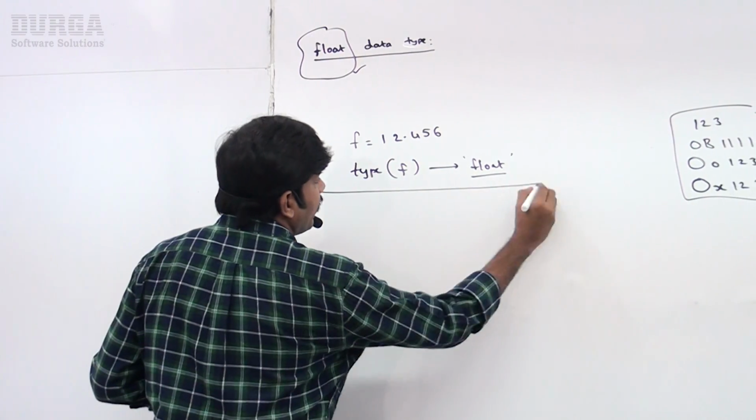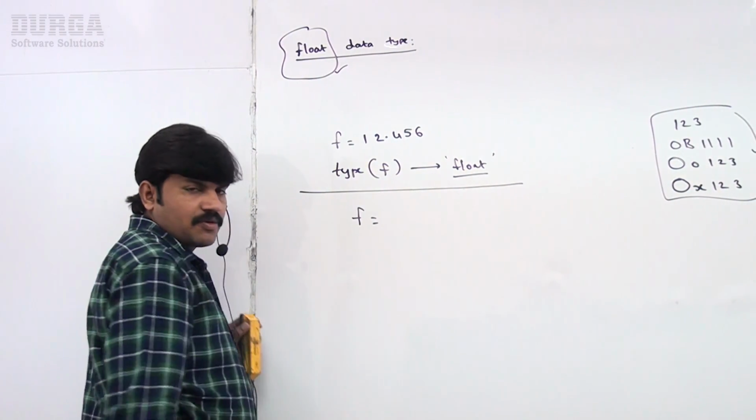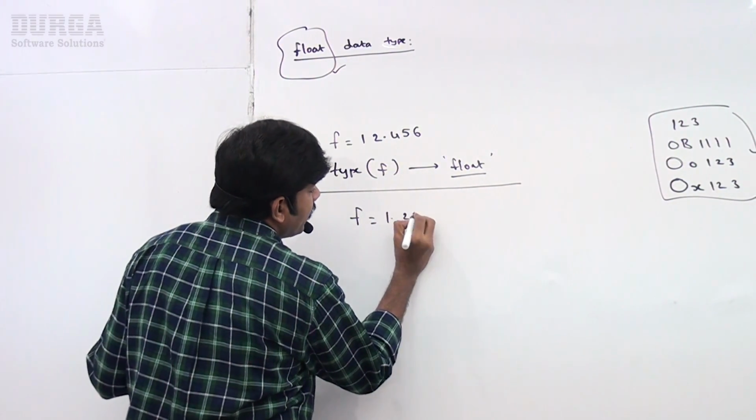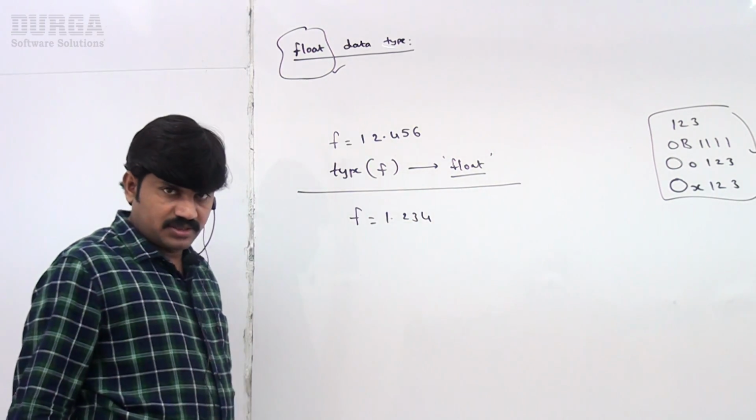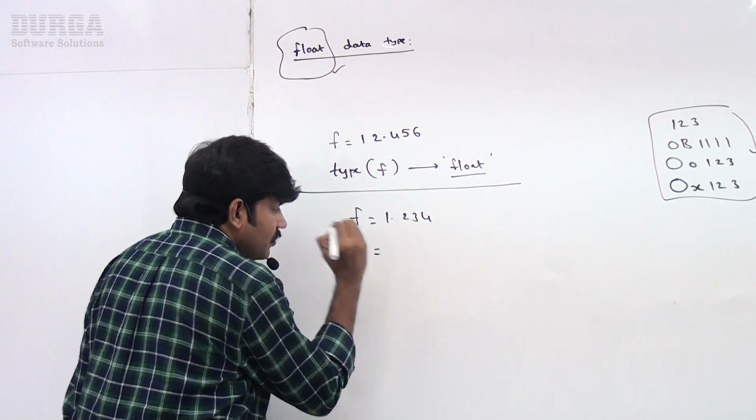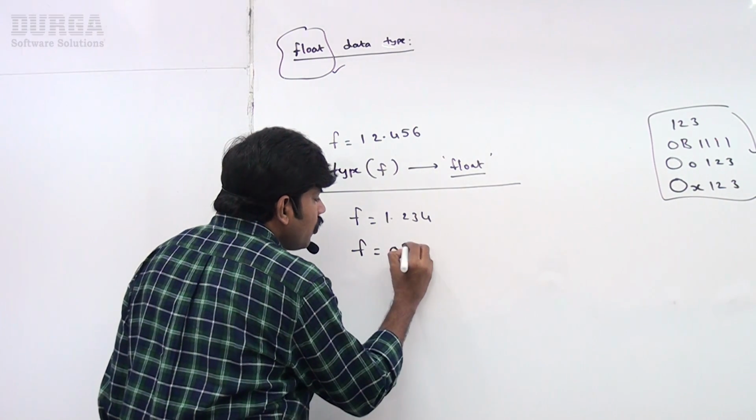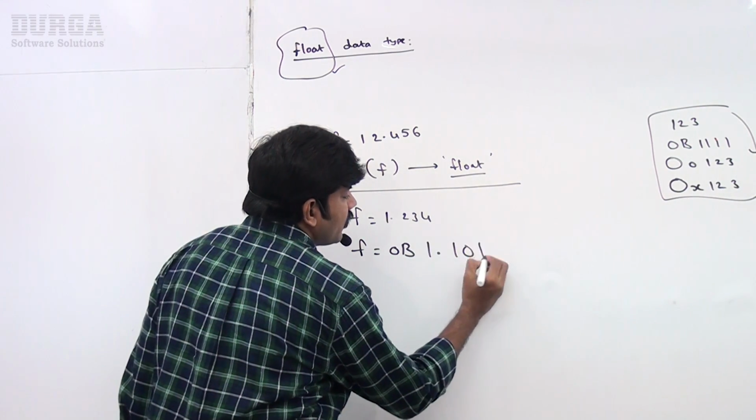Same way, I want to take like this. Just observe carefully about this one. f is equal to 1.234, one style. f is equal to 0B1.1011.